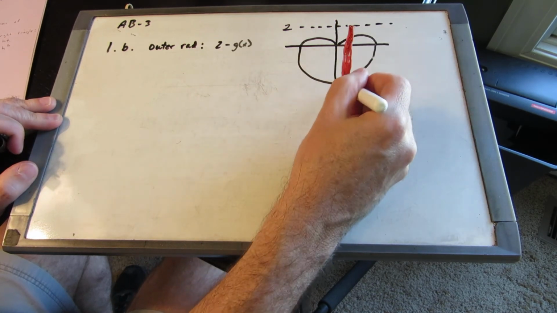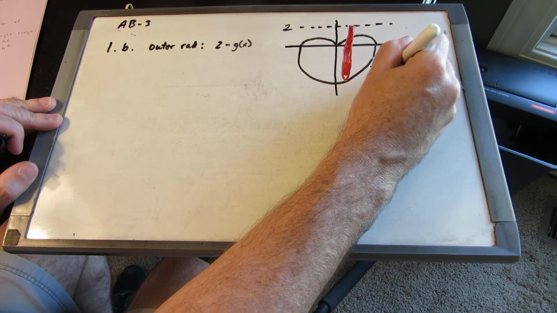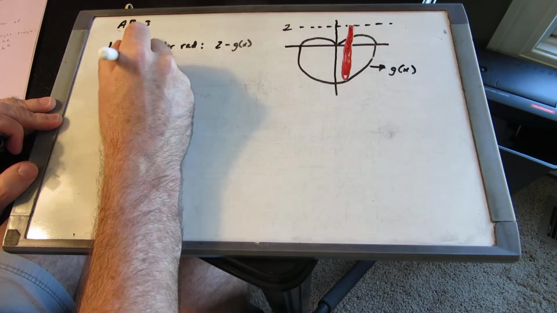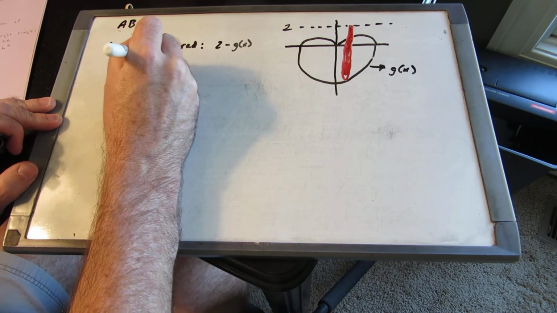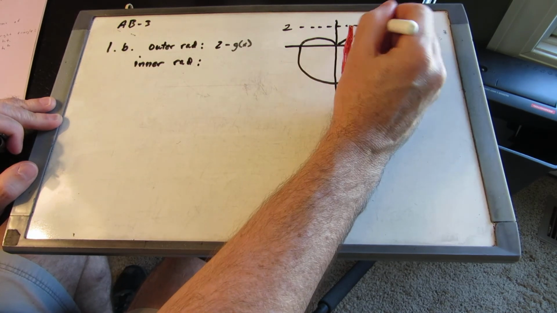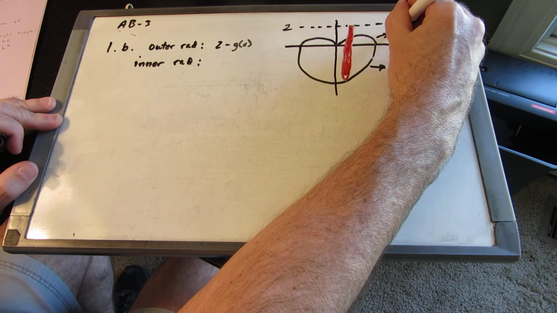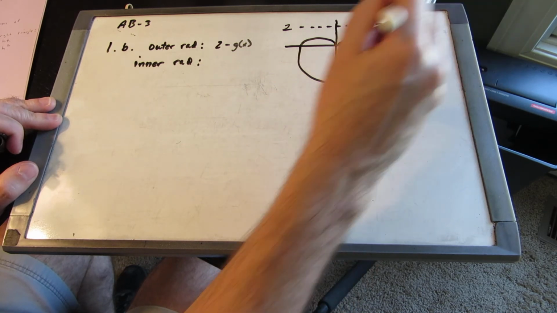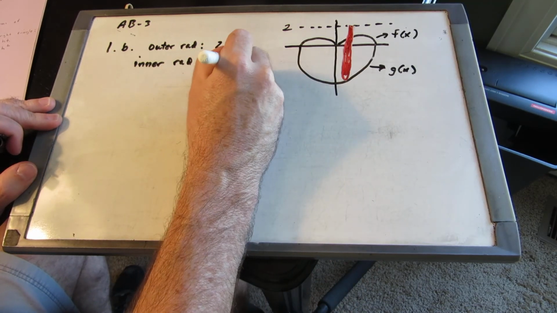Since g of x is below the x-axis, that's g of x. And the inner radius is going to be 2 minus, and this part is called f of x. So 2 minus f of x.